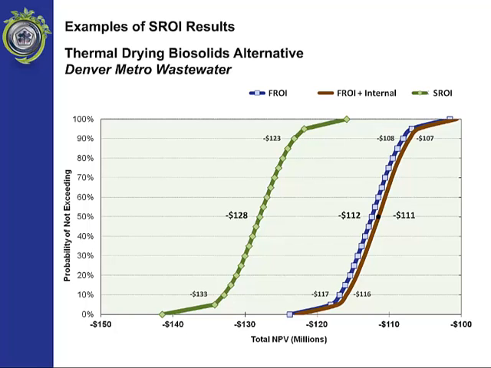This is demonstrated by the fact that the green SROI curve is to the left of the blue FROI curve. Monetizing and assigning risks to the non-cash and external impacts allowed for a full cost accounting of the business case and brought objectivity and transparency to the decision-making process.